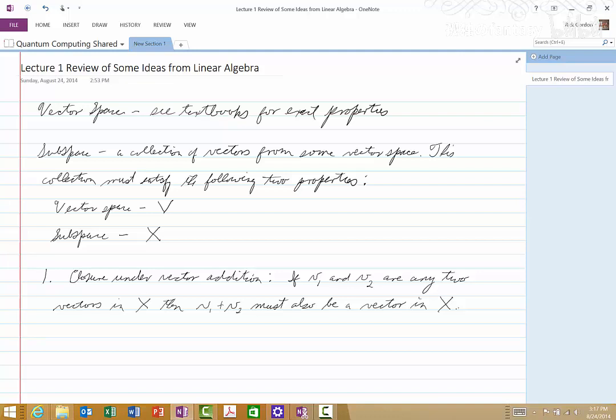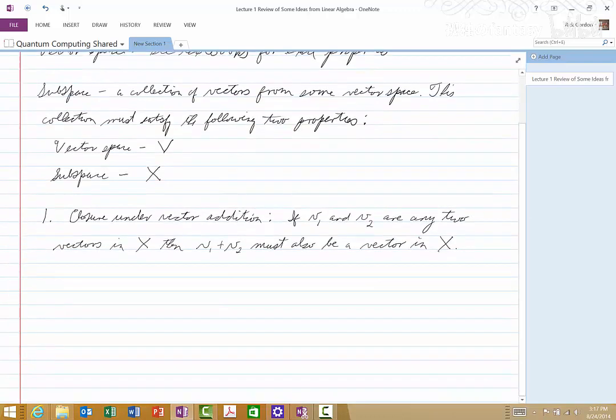By taking any two vectors in X and adding them together, we can't somehow jump outside of X. We will still end up with a result that is in X.